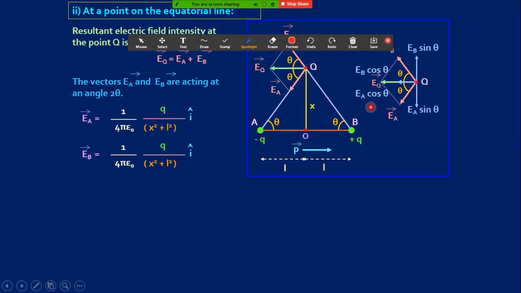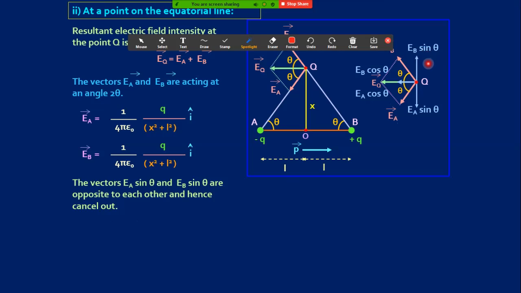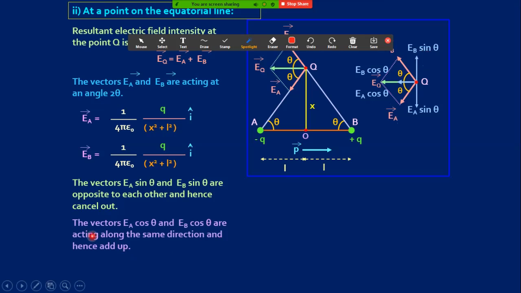Similarly for A, vertical component EA sine theta and horizontal component EA cos theta. Now the vectors EA sine theta and EB sine theta are opposite to each other and hence cancel out. Obviously, the directions of these two vertical components are opposite. The vectors EA cos theta and EB cos theta are acting along the same direction and hence add up.